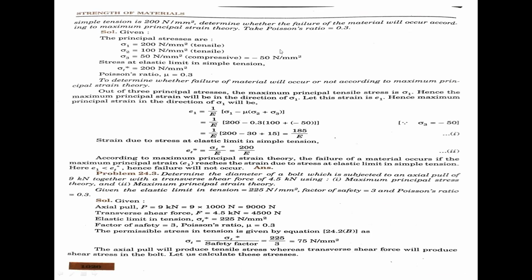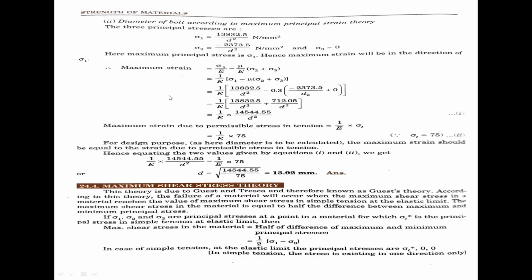Poisson's ratio is 0.3, and the stress at the elastic limit in simple tension is 200 Newton per mm square. This same data will be used in problem 24.4 for the maximum shear stress theory.